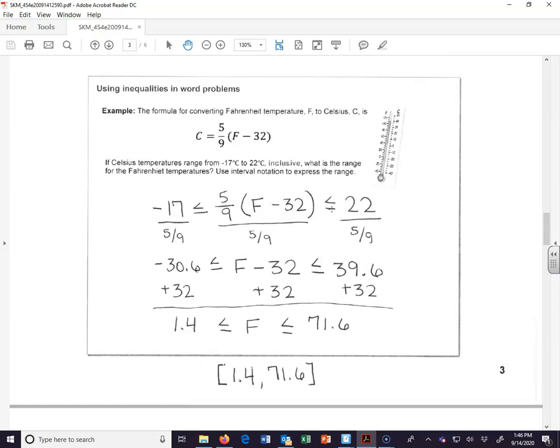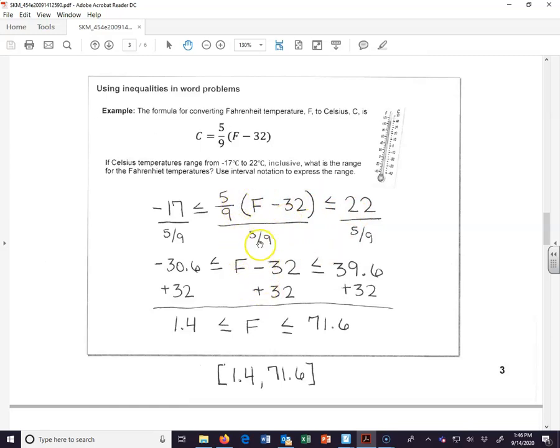But with the inclusive there, that means it is including both of those values. So we're setting this up using the equation they gave us, and we're just doing that inequality where it's from -17 up to 22, and by solving this we are going to find out what the Fahrenheit temperatures would be.